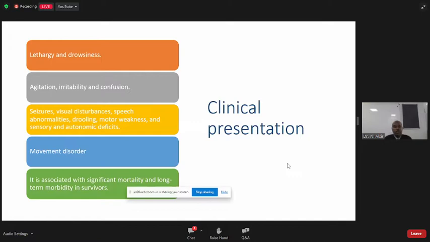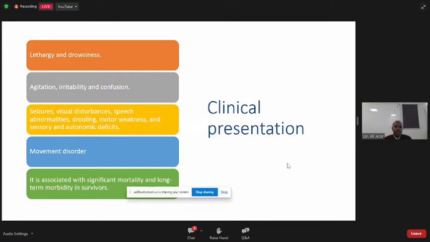Patients with encephalopathy might also present with movement disorders, either hyperkinetic or hypokinetic. Hyperkinetic movements could be dystonia, ataxia, and tremors, and with hypokinetic movements they might present with catatonia, dyskinesia, or Parkinsonian features.